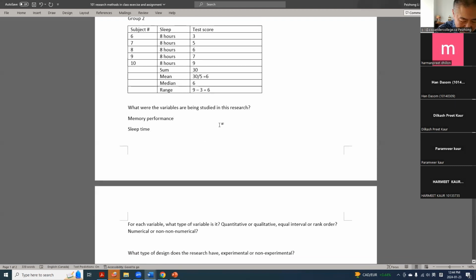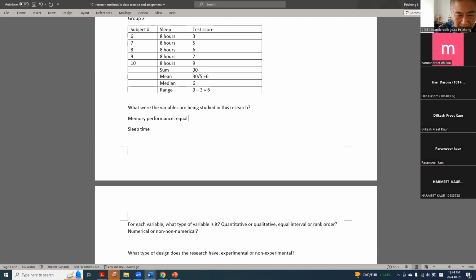And for memory, this variable, is it quantitative or qualitative? Equal interval or rank order?